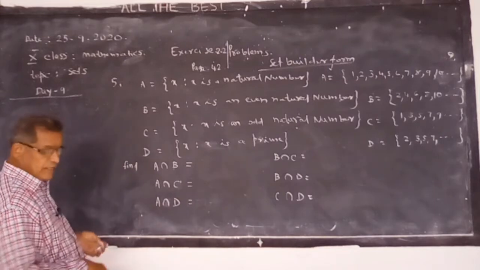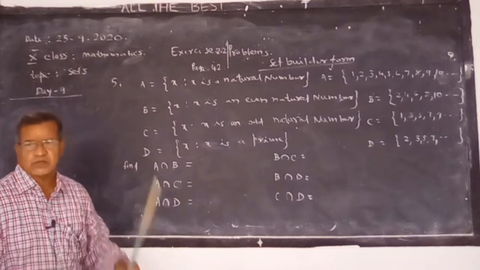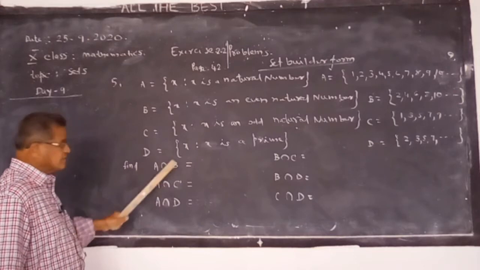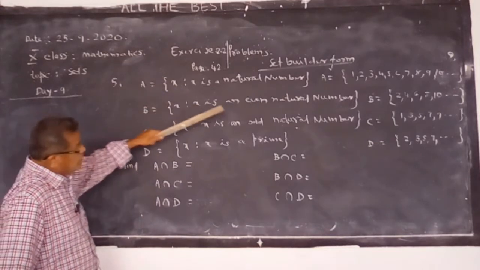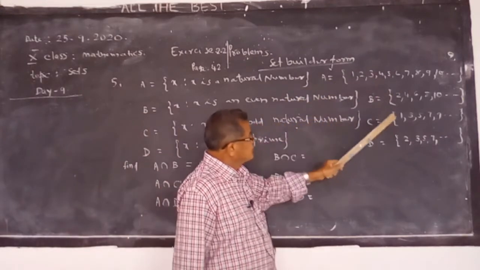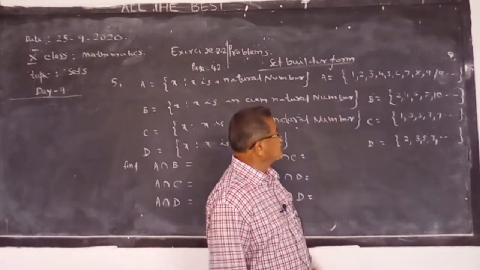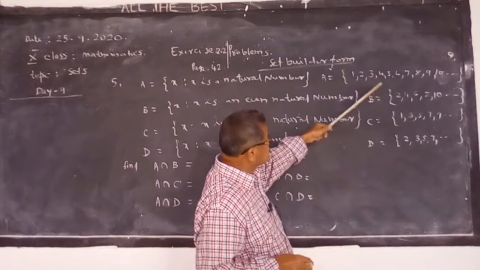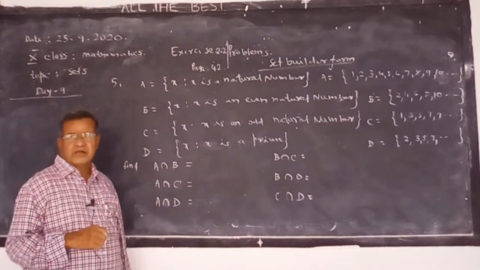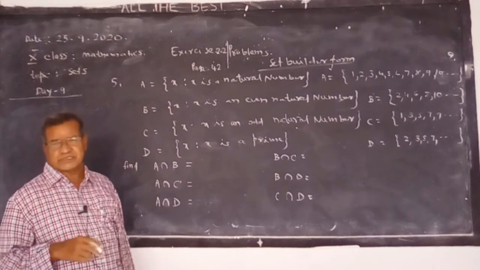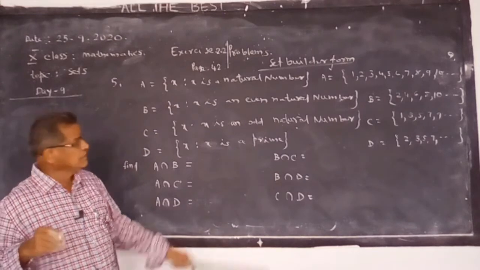See, here we need not calculate everything. By seeing only, you can say the answer. A is natural numbers, B is even numbers. Natural numbers are nothing but the union of even numbers and odd numbers.